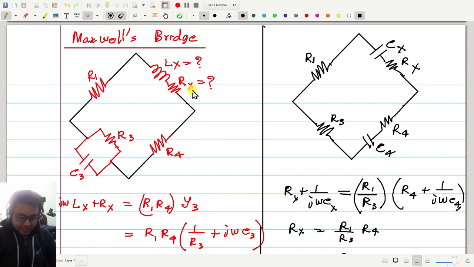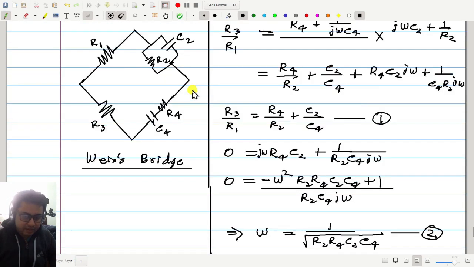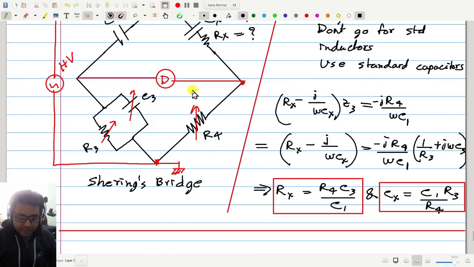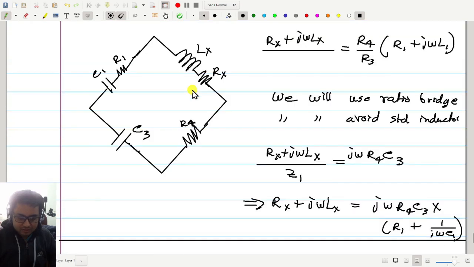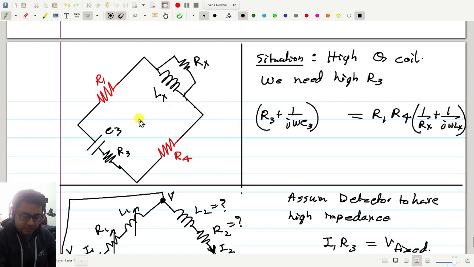Then we talked about one situation where the inductor is nearly pure, with very high Q factor, where Maxwell's bridge may be difficult, and then this bridge is one possible solution.